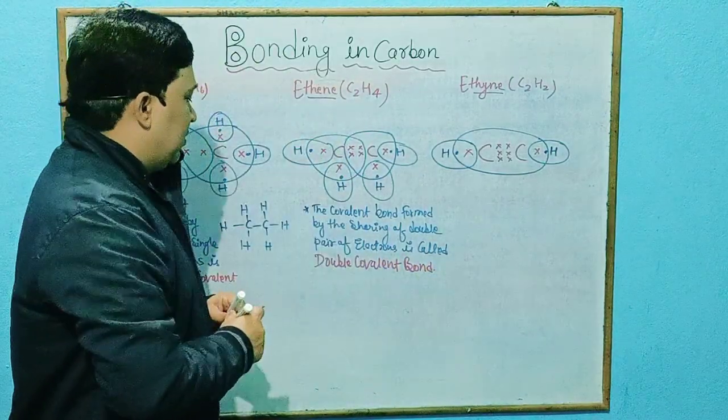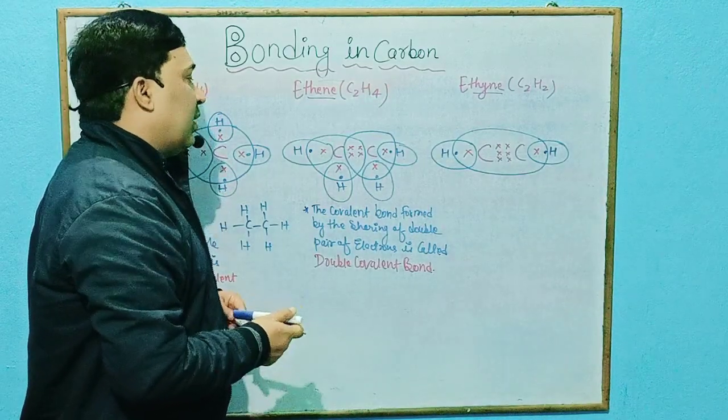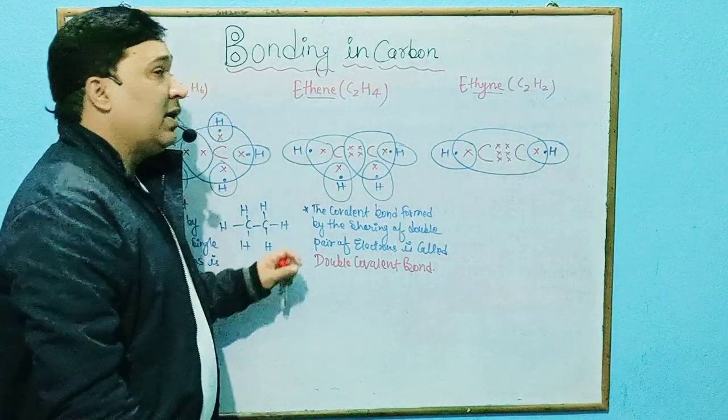So in ethene, there is a double bond between carbon atoms, but hydrogen atoms are singly bonded.